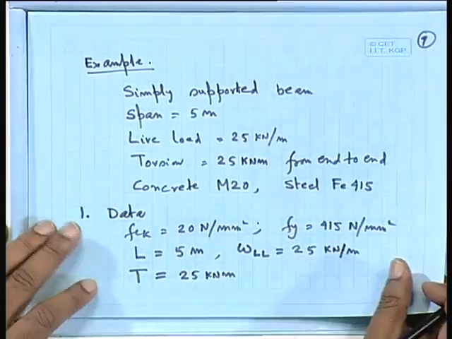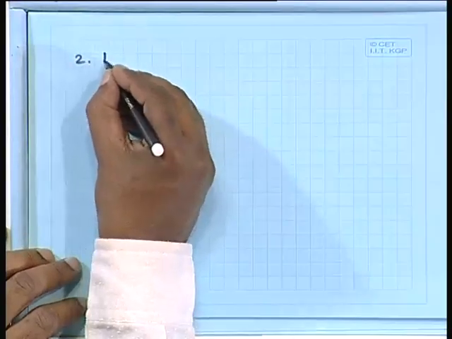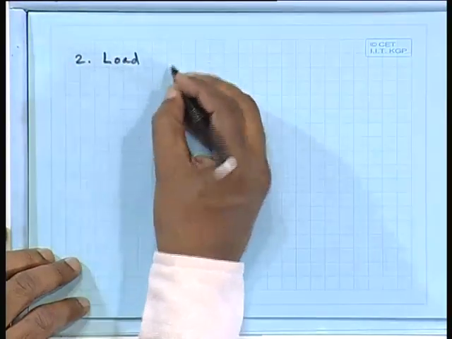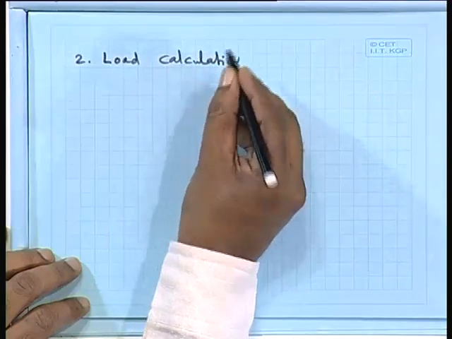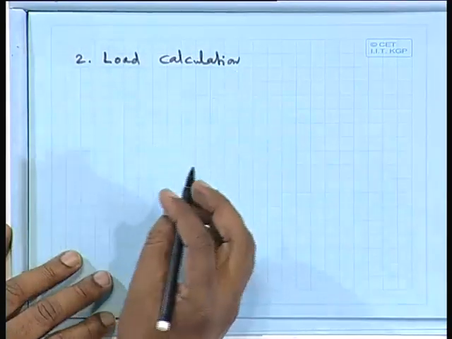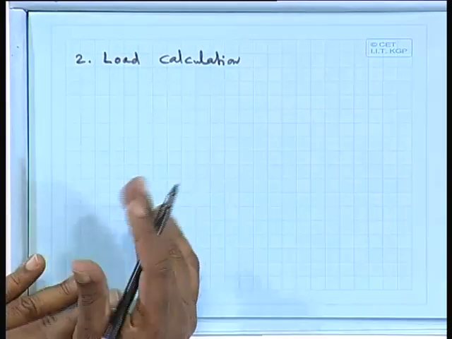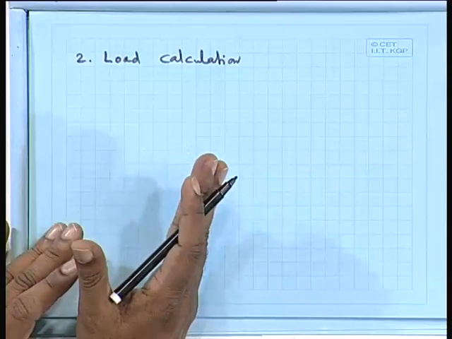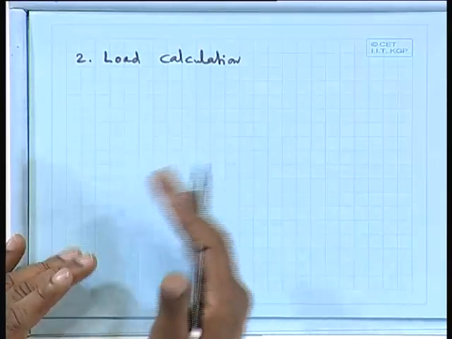Let us calculate the load. So, step 2, load calculation. We shall try a few trials, because instead of directly going to the value, it is worth going through all the calculation and the process, and how we repeat the whole calculation.